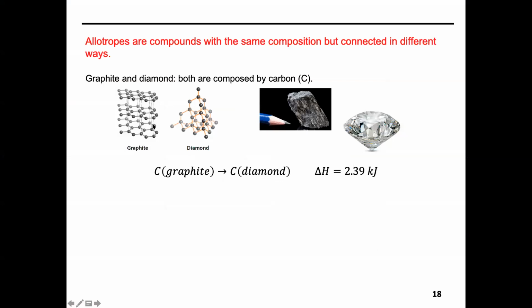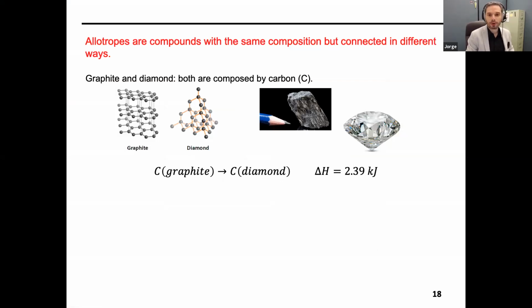Okay. So one of the last things we talked about on Tuesday was the concept of allotropes. Remember that allotropes are compounds with the same composition but connected in different ways. And because they are connected in different ways, the physical and chemical properties will change.